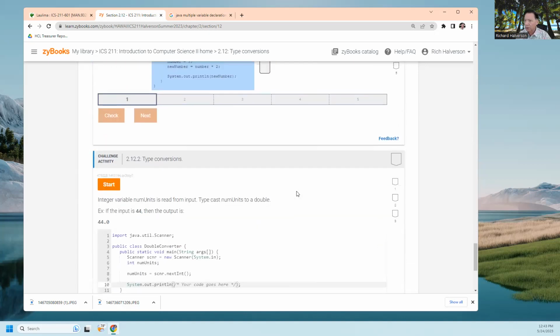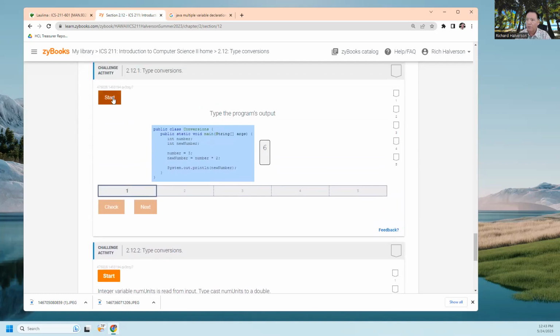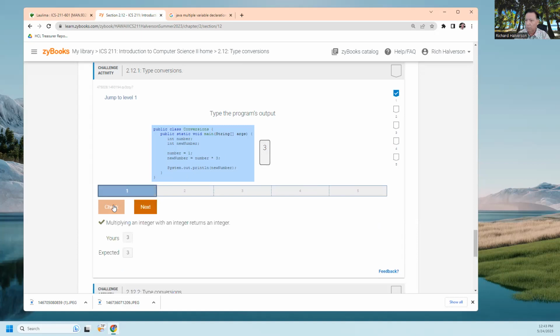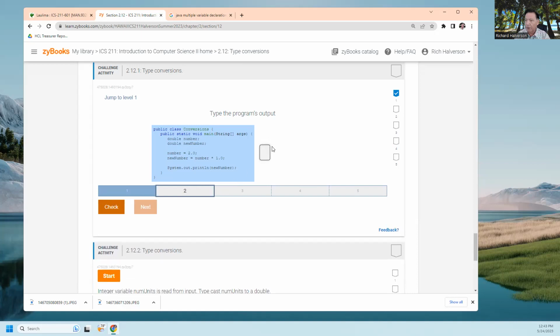Okay, so let's do these challenges here. The first one: we've got this number, and number times number, print line new number. Well, I guess it's just 1 times 3 is 3, and it's a print line. That's pretty easy. Here we have 2 times 1 is 2. I think I do 2.0.